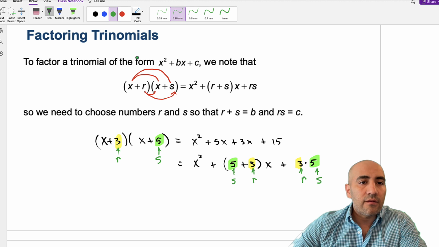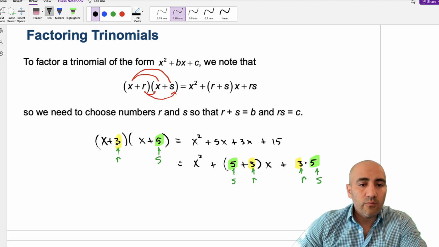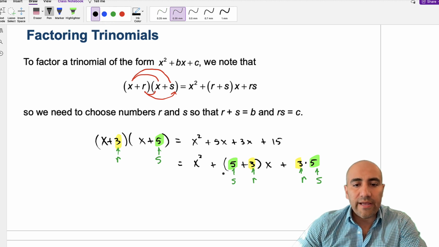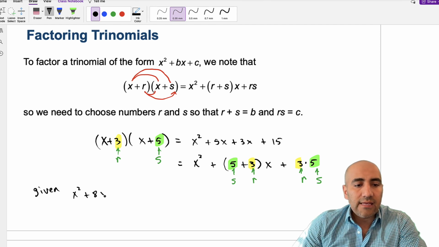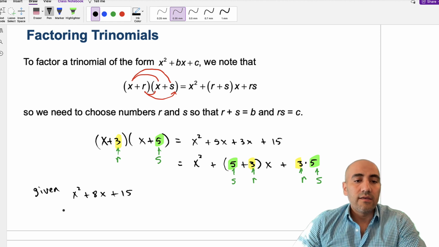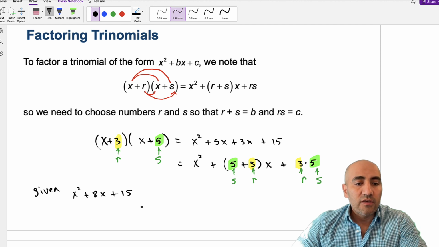Okay, so multiplication's not so bad. I was just rewriting it so it fits that form over there. Now if we're given this question, x squared plus 8x plus 15, and they ask us to factor it, we have to realize that we're looking for two numbers such that the last term is the result of multiplying those two numbers.